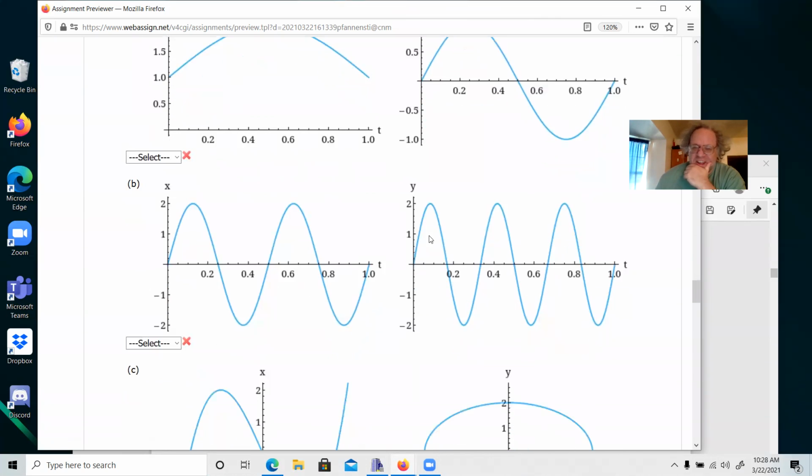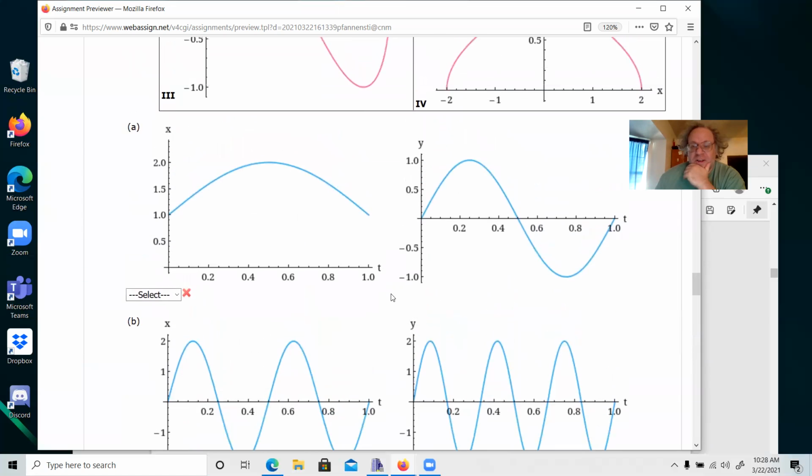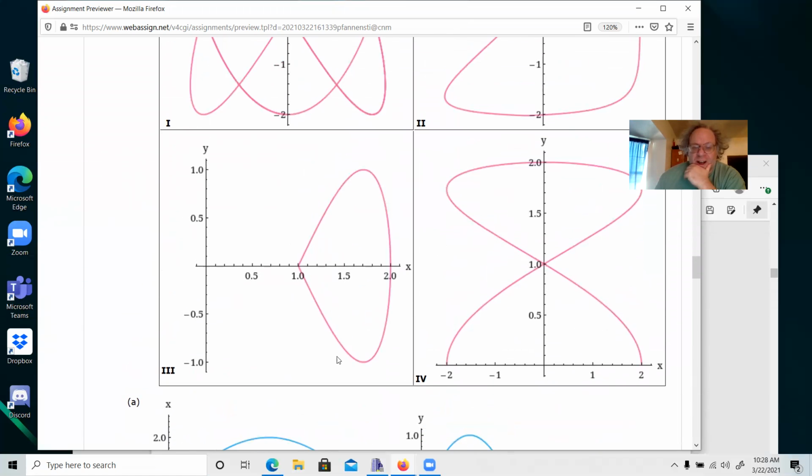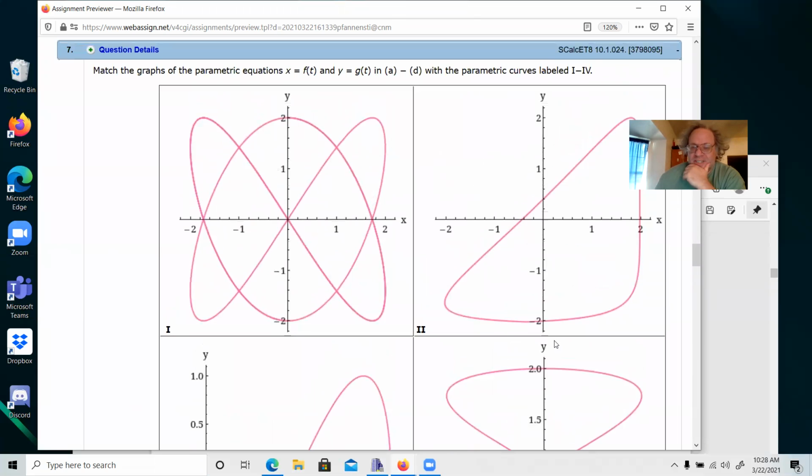So this one, because I have another class that kind of helped, we could do that. But you can also say, okay, well, x's are positive and negative. X's go from 0 to 1. No, t's go from 0 to 1. X's go from -2 to +2. Y's go from -2 to +2. So when I'm looking at the y's here, we got to match.